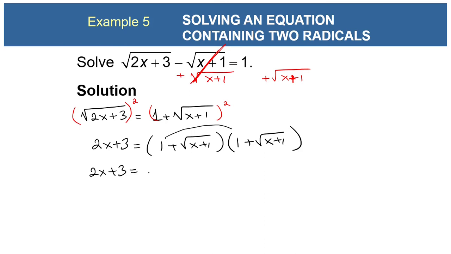1 times 1 is 1. 1 times the square root of x plus 1 is the square root of x plus 1. This is again the square root of x plus 1. The square root of x plus 1 times the square root of x plus 1 is x plus 1. The radical just cancels out.